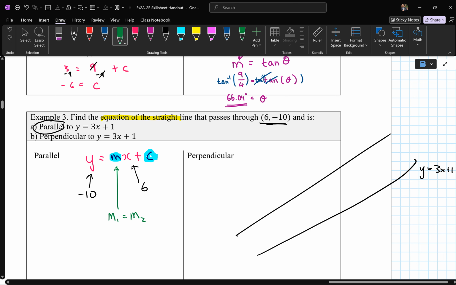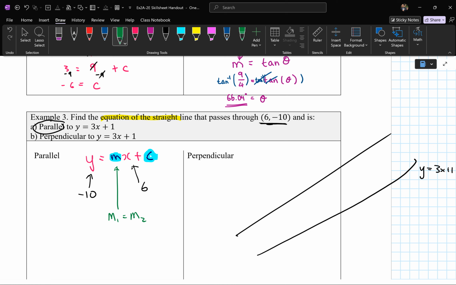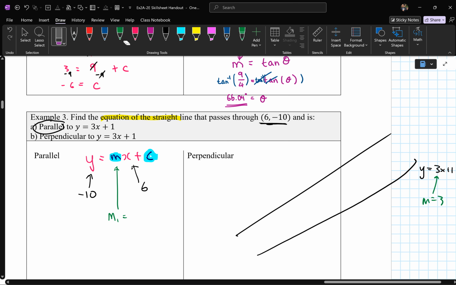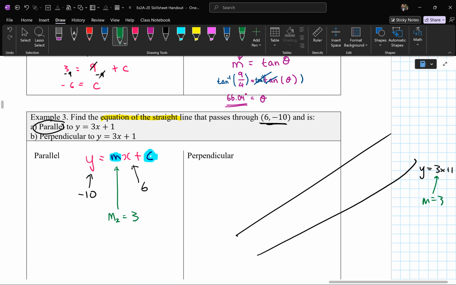Since I know that line has a gradient of 3, that means this line has to have a gradient of 3 as well. So that's why I know straight away m2 is equal to 3. Okay, so if you're a bit confused by that, that means you've got to go back and practice your parallel and perpendicular.